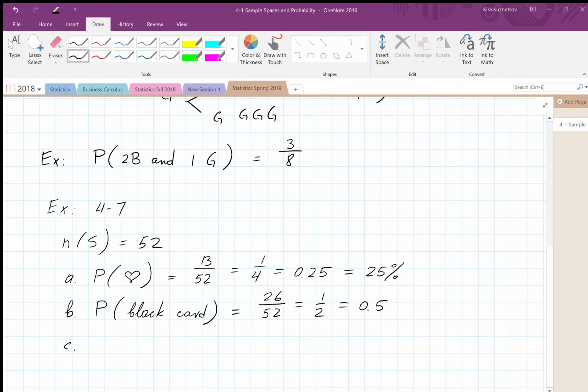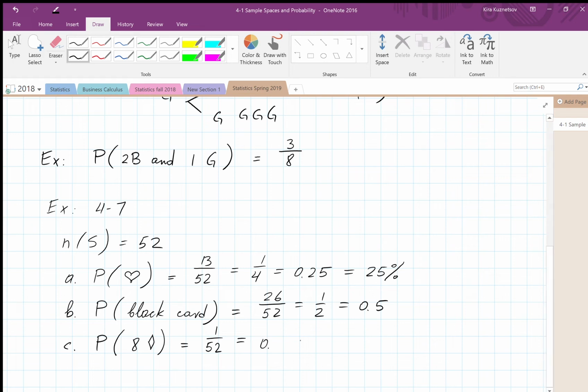My next example is I need to find the probability of getting the 8 of diamonds. So the probability of 8 of diamonds. There is only one 8 of diamonds. Therefore, the probability of getting it is 1 out of 52. This does not simplify any further, but what we can do is change this to a decimal.